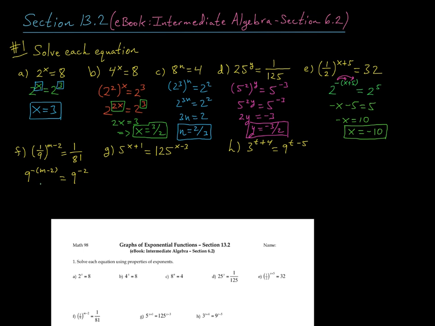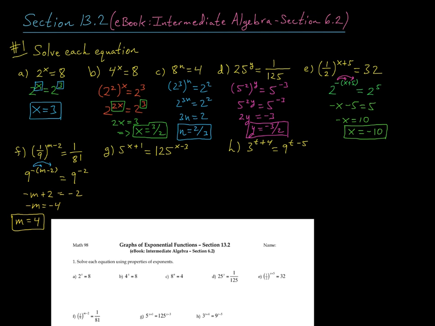All right, and now common base, so I can equate the exponents, and I'll also distribute this negative, just like we did in the previous problem. So we got minus m plus 2 has got to equal then negative 2. So now subtract 2 from both sides, and you'll get minus m is minus 4, and then we get that m is 4.